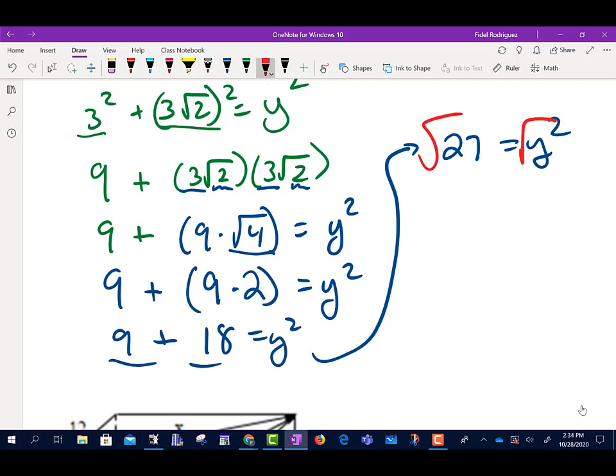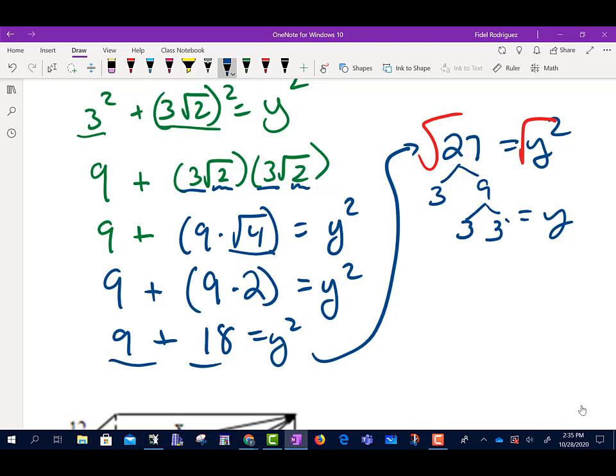We're going to take the square root on both sides. So that's y. Now I want to think about my number 27. I know there's not a nice pretty number, but I bet we can break 27 down. We know that 27 is 3 times 9, and we know that 9 is 3 times 3. Remember, when we're taking the square root, we're looking for pairs.